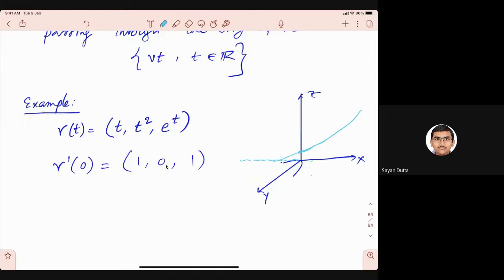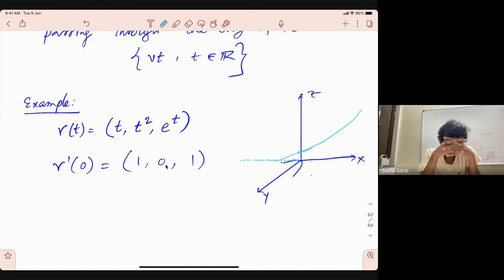Is it okay to say this? Yeah, it looks like it, but I'm not exactly sure. The point is, for each t, you have the second component as t square, which is a parabola when you project it down to the xy plane. So you need to check whether you really get that projection.